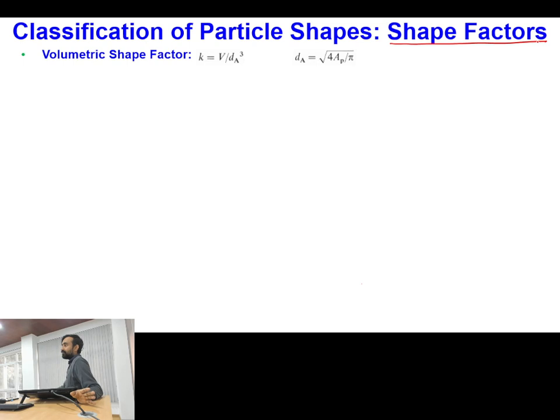Is this point clear? What is the need for studying shape factors? Because whenever you are particularly talking about the interaction of solid particles with the surrounding fluid, you cannot determine all the forces theoretically for any arbitrary complex shape.